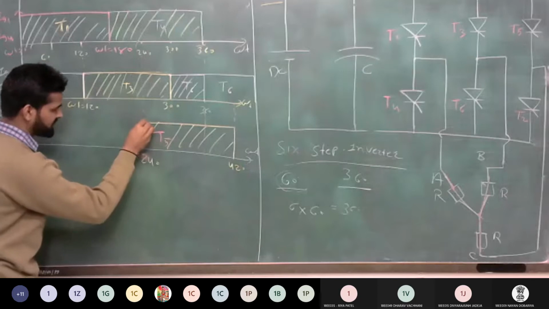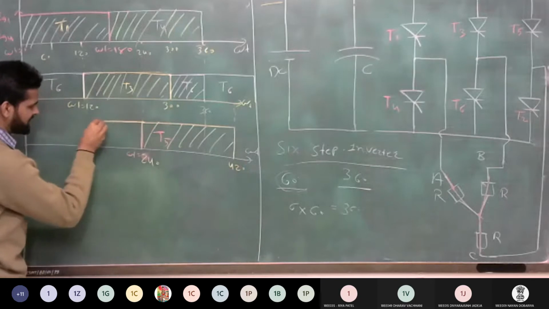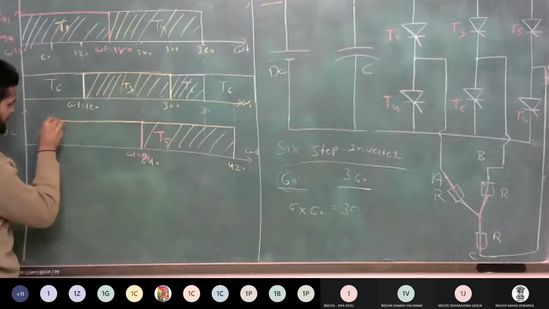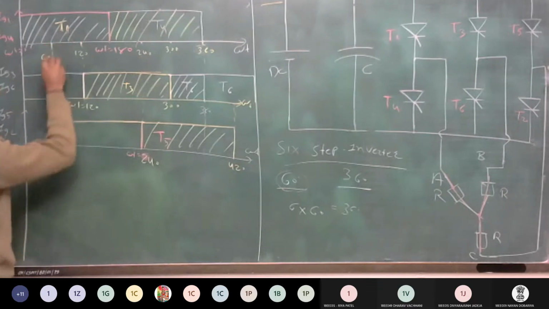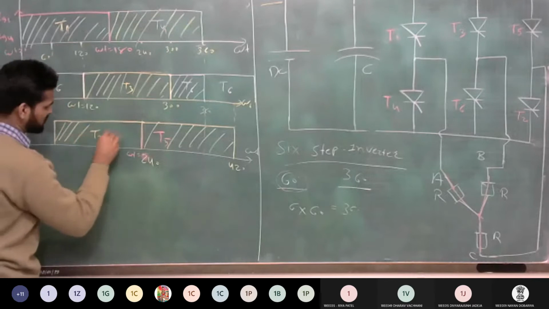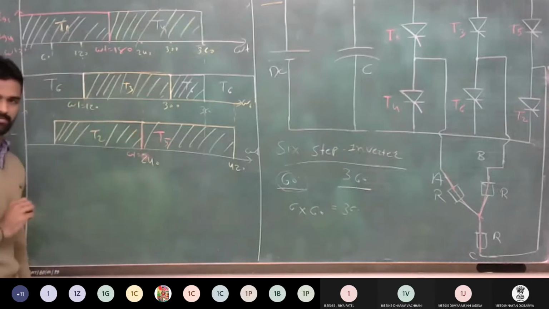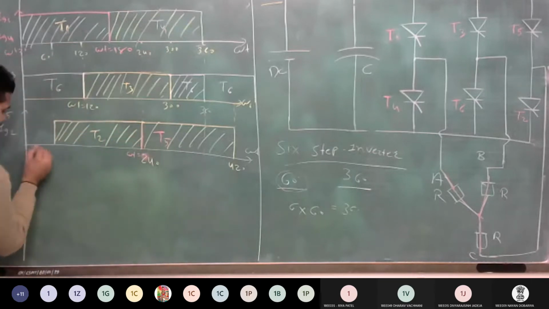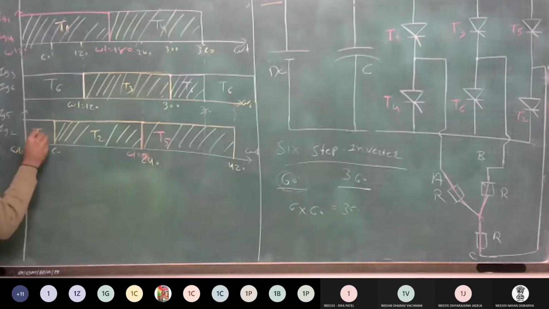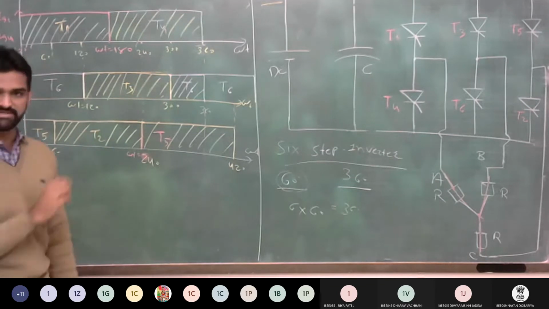So from 240 going 180 degree back, it means omega T equal to 60 degree. Up to this interval your T2 will remain conducting, and from omega T equal to 0 to 60 degree, T5 is conducting.